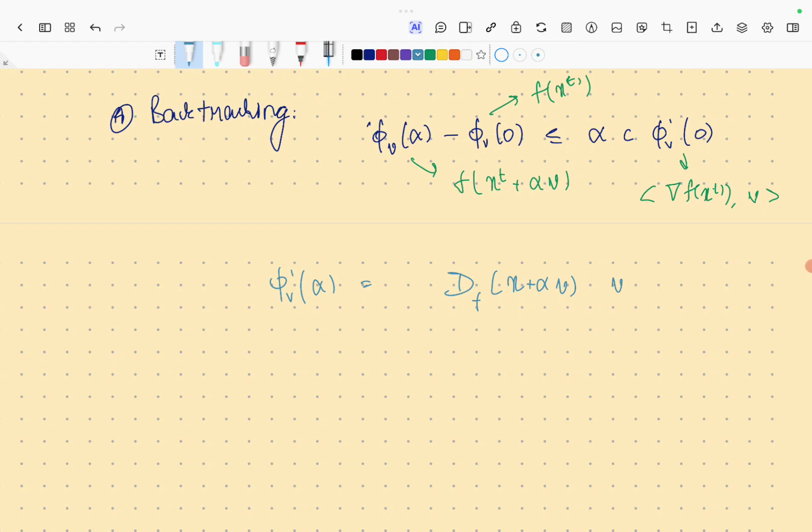But the derivative is nothing but the transpose of the gradient. So this is equal to the inner product between the gradient of f at x plus alpha times v along with v. So phi v prime of 0 is just the gradient of f at x transpose times v.